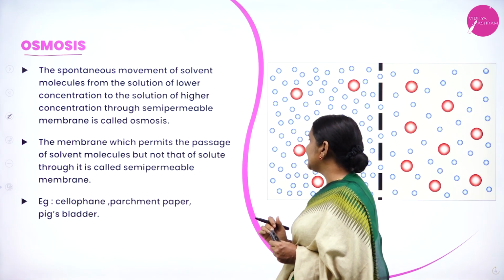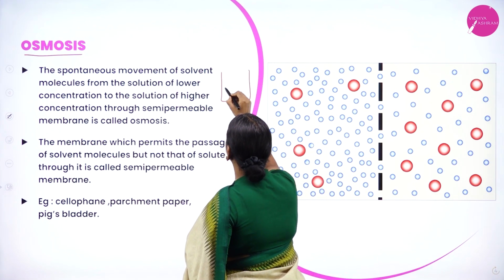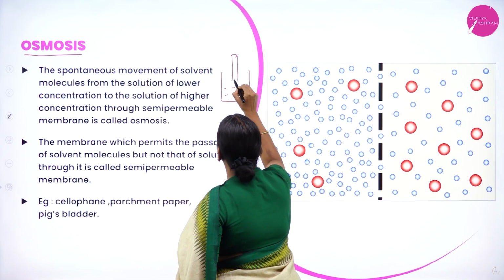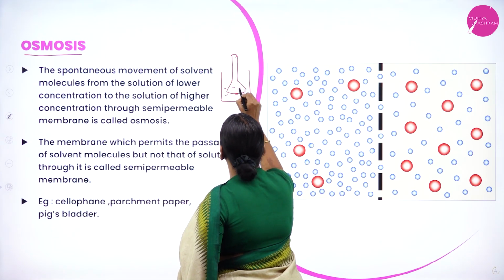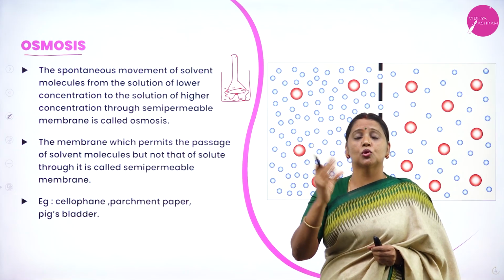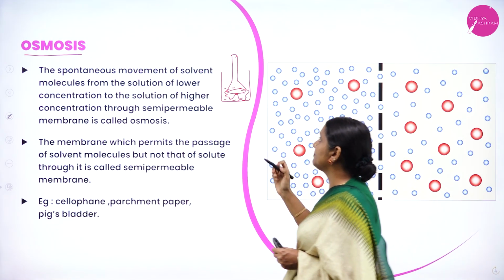Now let us consider water in a beaker. I take an inverted thistle funnel. The mouth of the thistle funnel is tied with a semi-permeable membrane.